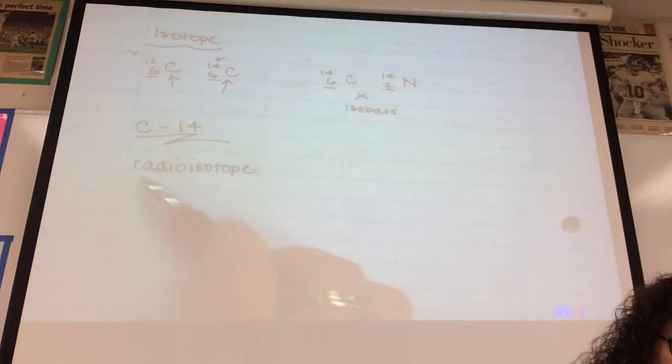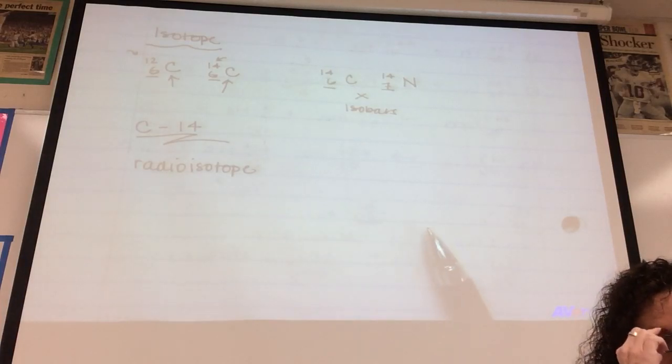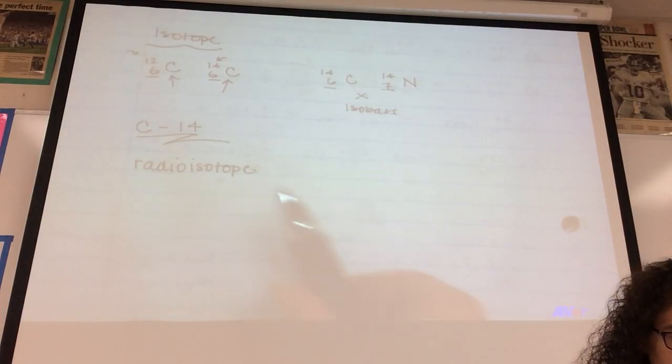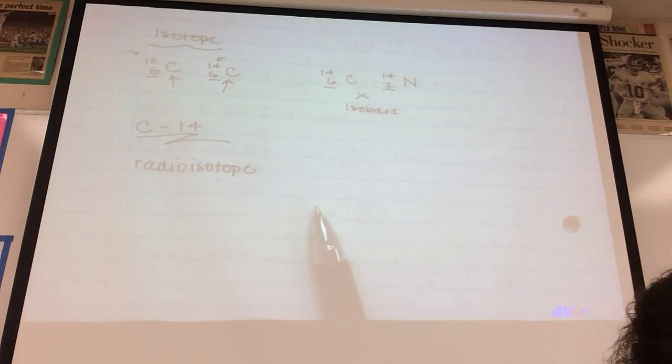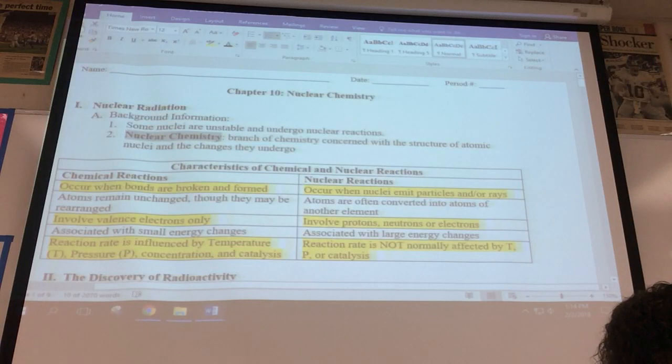And I think for right now, with all the potential nuclear warfare that may go on, I think an understanding of nuclear chemistry is particularly important. So the branch of chemistry concerned with the structure of the nucleus of the atom and any changes that the atom's nucleus undergoes is referred to as nuclear chemistry.